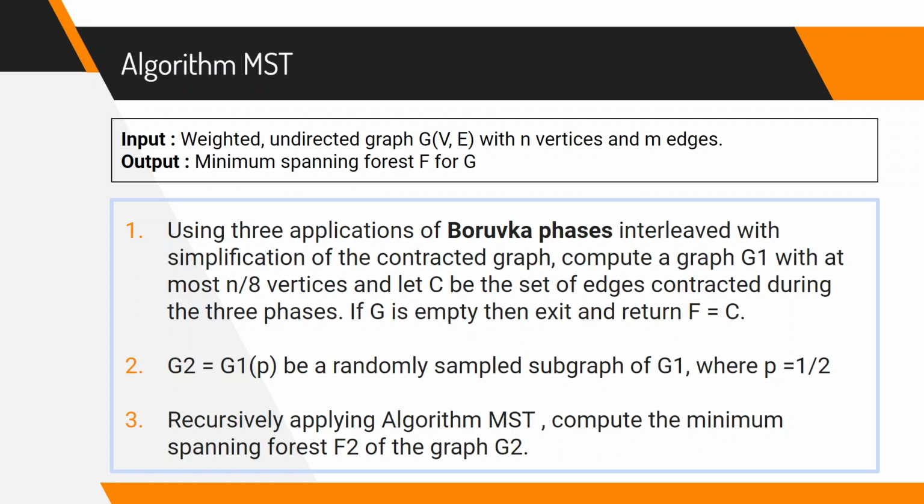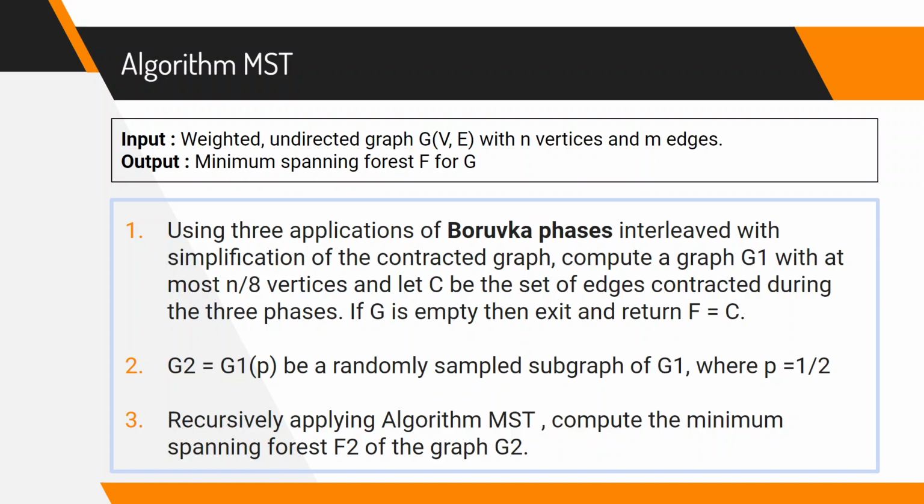After applying it, we will be removing edges from G1 to get a smaller graph G3 and continue the process and then return the forest F. As simple as that. Not as simple as I am saying, but it is simple to understand now after we have gone through all the cycles.